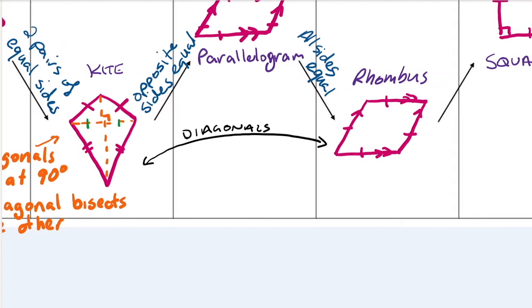The rhombus, very, very similar. We can put that diagonal in. We can put this diagonal in. They're still meeting at 90 degrees. Okay, so the diagonals meet at 90 degrees.